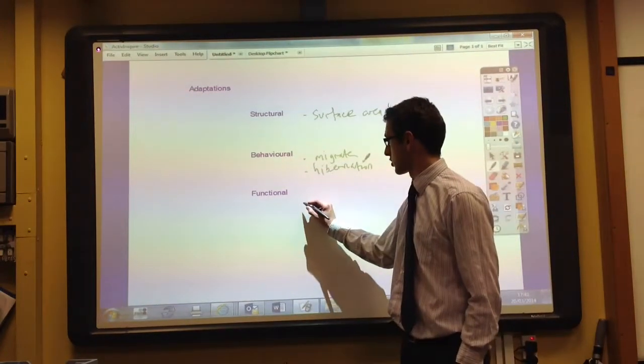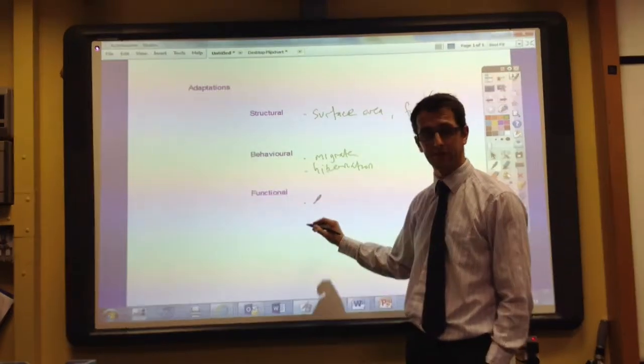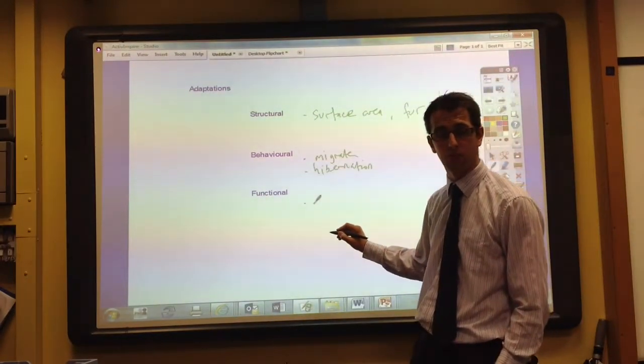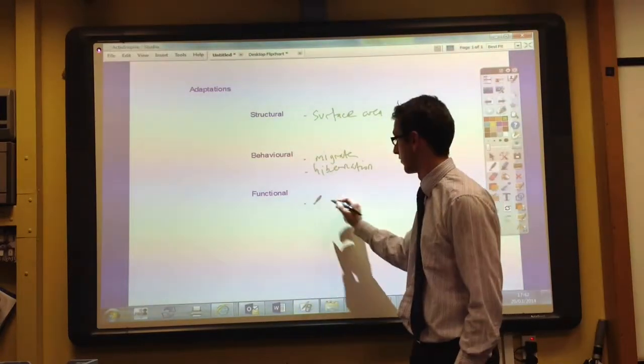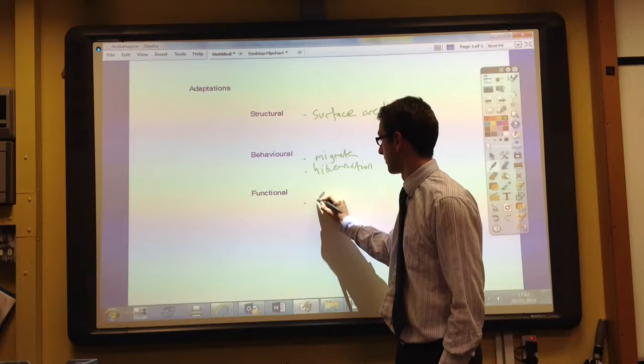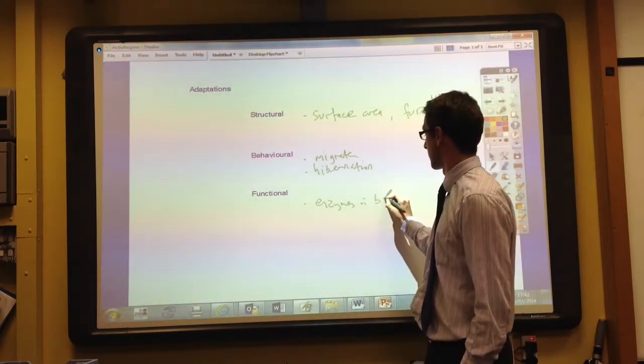And also functional, and we mentioned a bit about this already. Functional adaptations are about ones where cellular processes or the way in which things happen is different. An example of this might be the enzymes that are found in bacteria, those extremophiles.